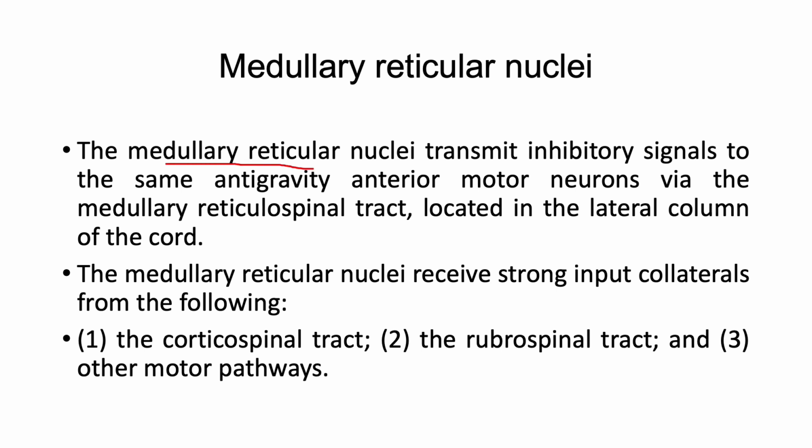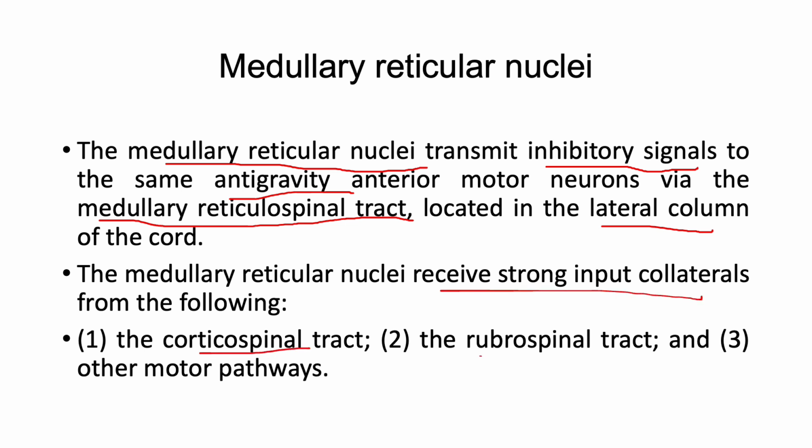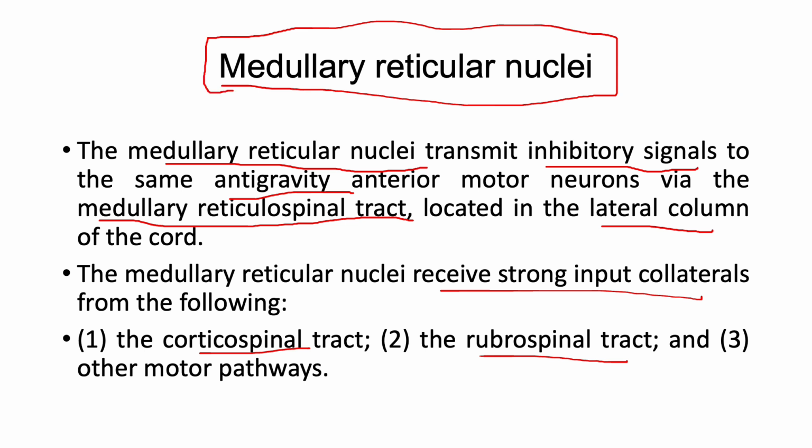The medullary reticular nuclei send inhibitory signals to these anti-gravity muscles through the medullary reticulospinal tract in the lateral column of the spinal cord. This medullary reticular nuclei also receives input from the corticospinal and the cerebrospinal tract to activate this tract to counteract the effects of the pontine reticular nuclei.